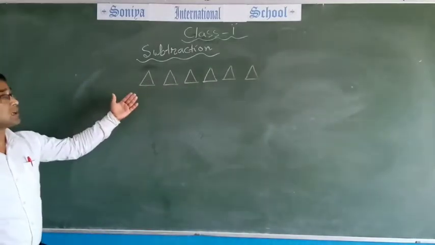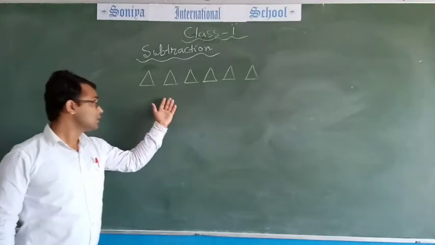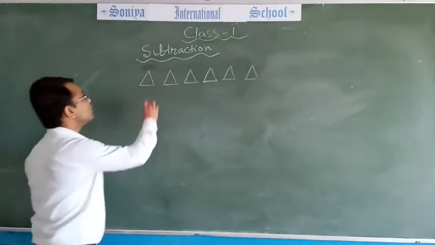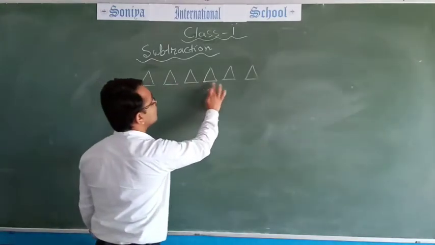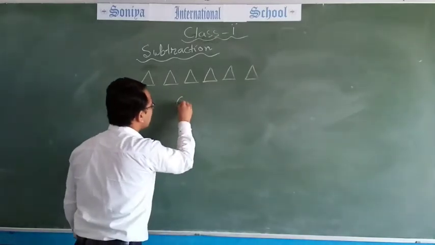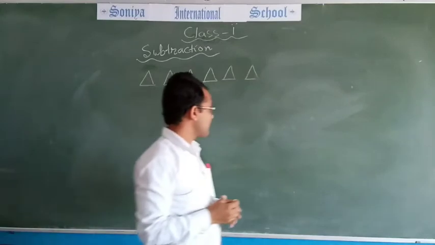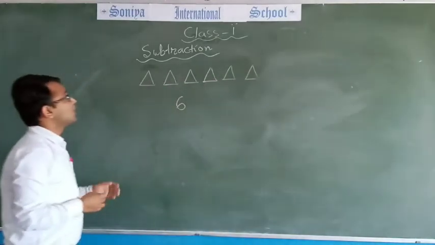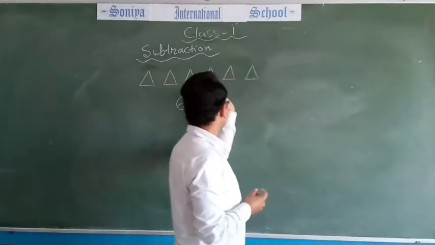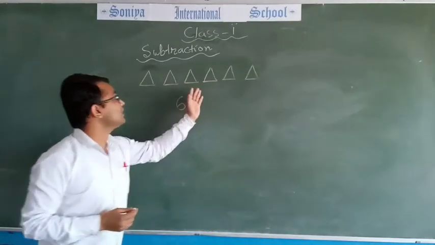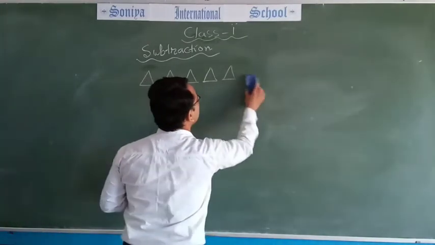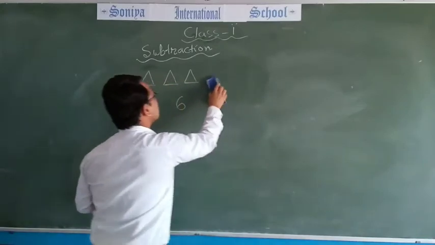There are some triangles. How many triangles? Count it. 1, 2, 3, 4, 5 and 6. Write down 6. Take away 3 triangles. 1, 2, 3.